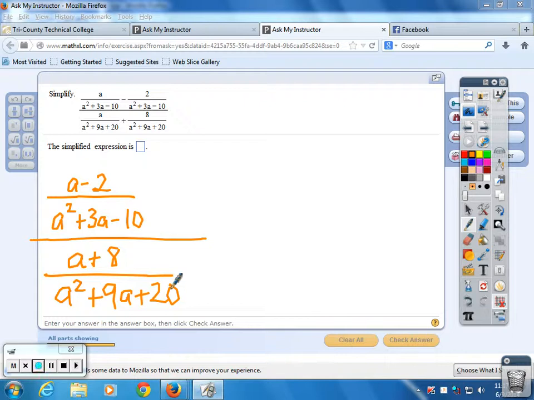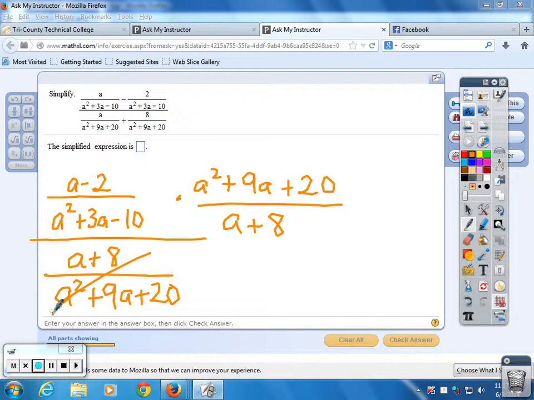Now, we've got a single term over a single term, so we can multiply by the reciprocal. So I'm going to multiply by a squared plus 9a plus 20 over a plus 8.